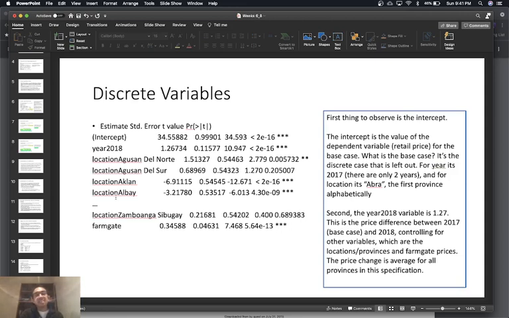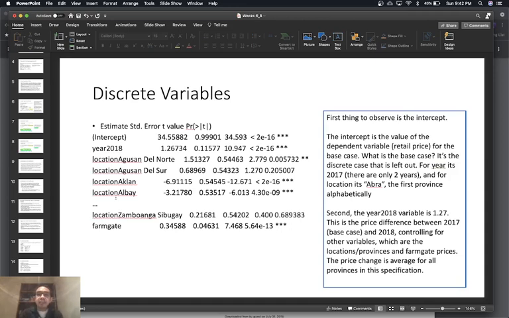So the intercept essentially contains the year information on the year 2017. And for location, it's ABRA, which is the first letter of the alphabet. Again, it's alphabetical. That's the default position. The first province is alphabetically determined.